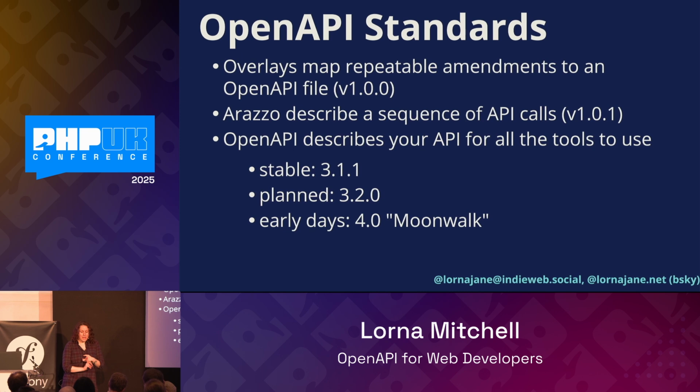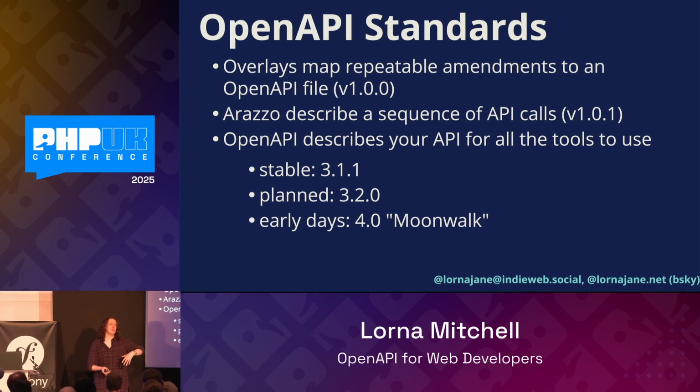OpenAPI 4.0, codename Moonwalk, is a reimagination of what we could have done the first time around with OpenAPI. The goal is to have a much more inclusive way of referring to HTTP operations. So there'll be more different ways of declaring signatures.